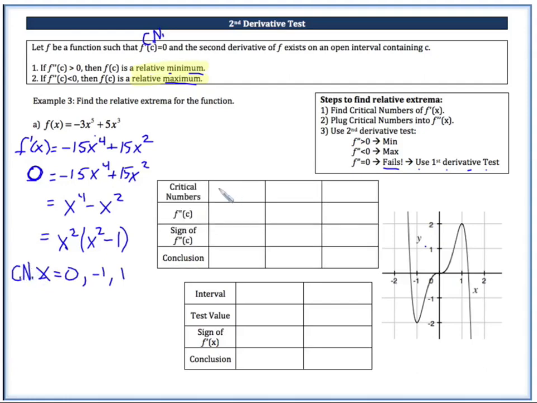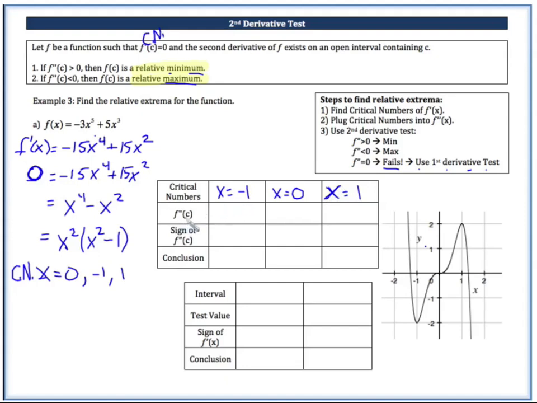Okay, so what we have now is the critical numbers x equals negative 1, x equals 0, and x equals 1. And these are possible relative extrema happening at these points.